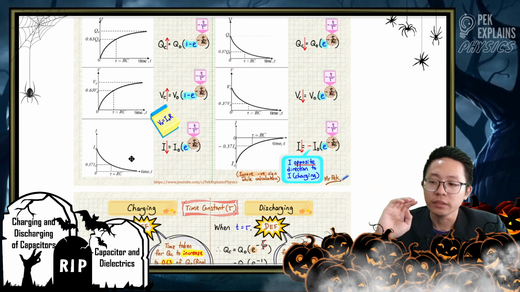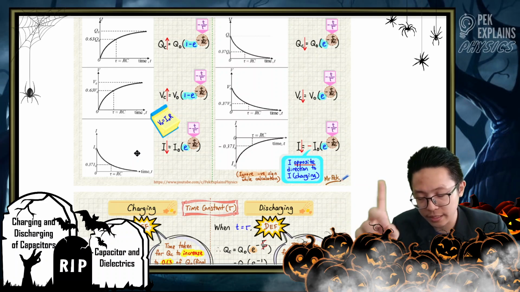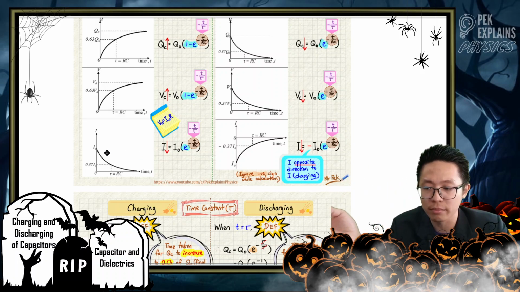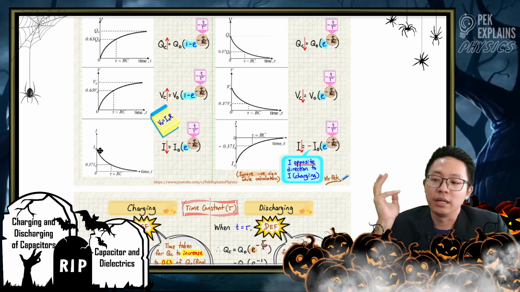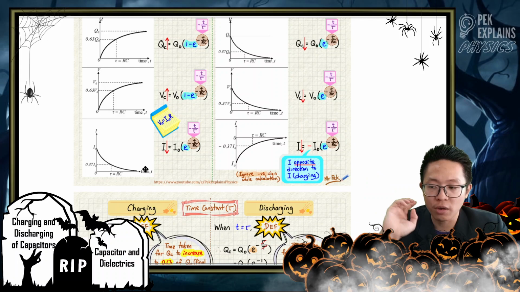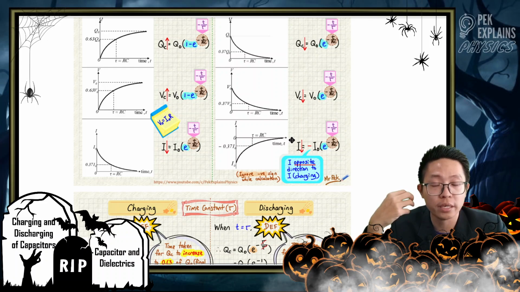One thing to remember, very easy to remember why the current decreases for both processes: the current will stop flowing when the charging process stops, and the current will also stop flowing when the discharging process is complete.